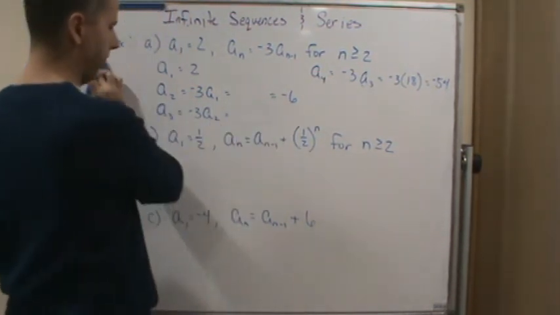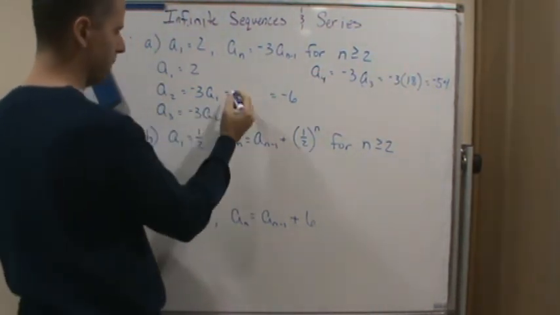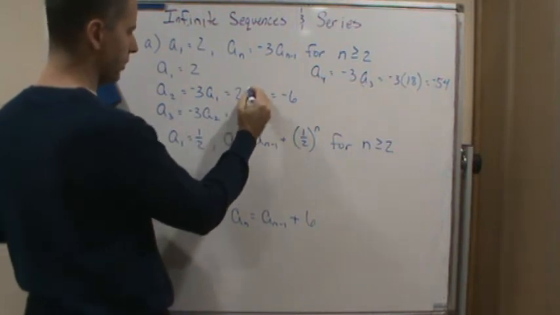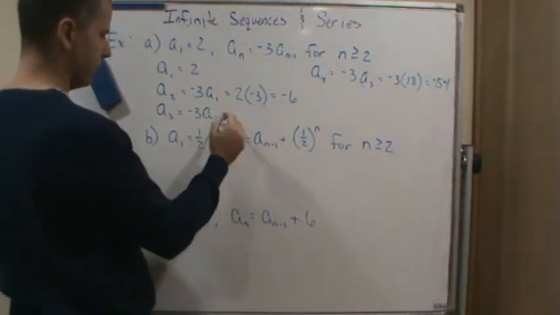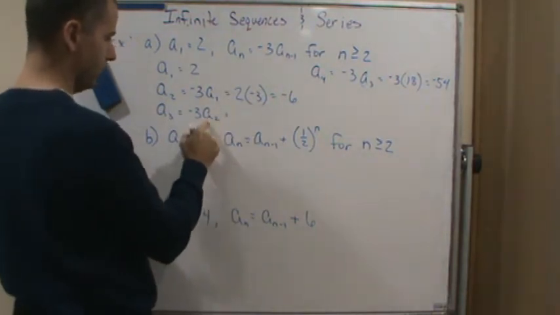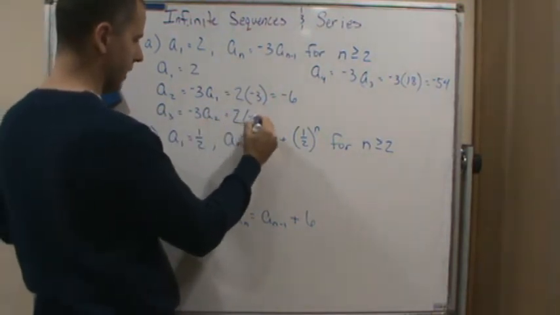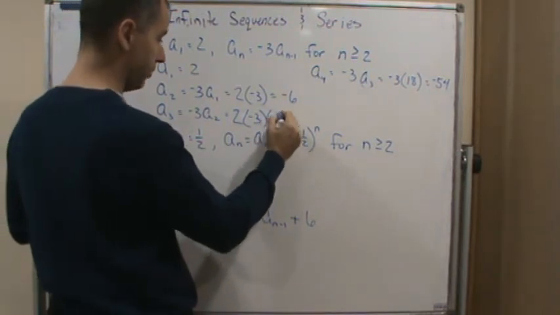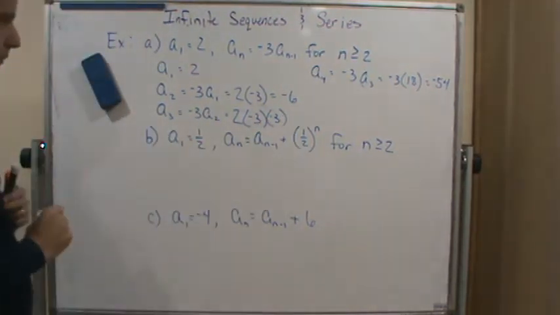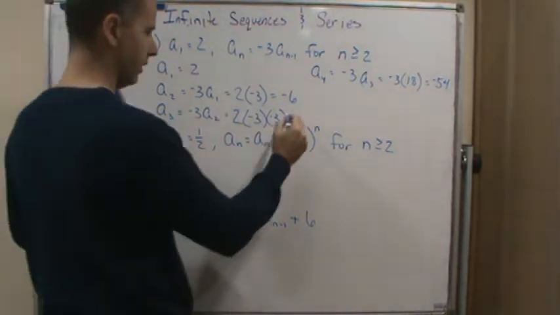Write it this way. So this is going to be 2 times negative 3, right? And then this one is actually 2 times negative 3 times negative 3, right?